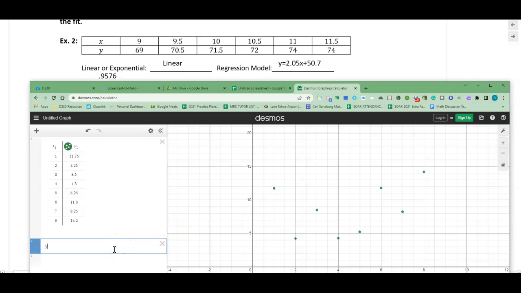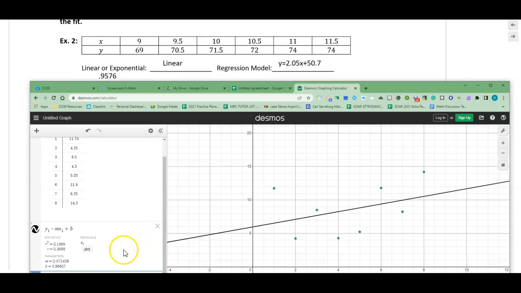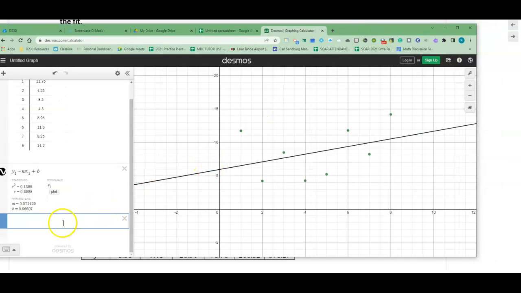If I do y1 tilde mx1 plus b, and then I'm going to create an exponential model too.